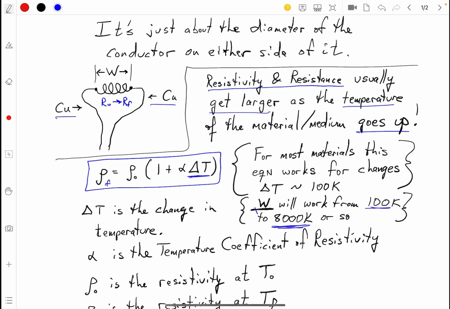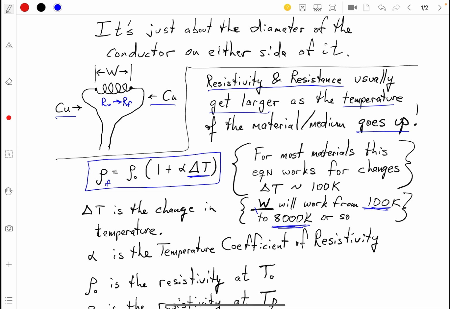It works from 100K to 8,000K, and maybe even goes higher. Nobody cares, because if it gets hotter than 8,000 Kelvin, maybe 10,000 Kelvin, we don't really see it anymore. It goes ultraviolet, and we can't visually see it, so we don't care. We just want tungsten to light up our room, and we can only see certain photons, their energies, and those energies come from the temperatures of the material.